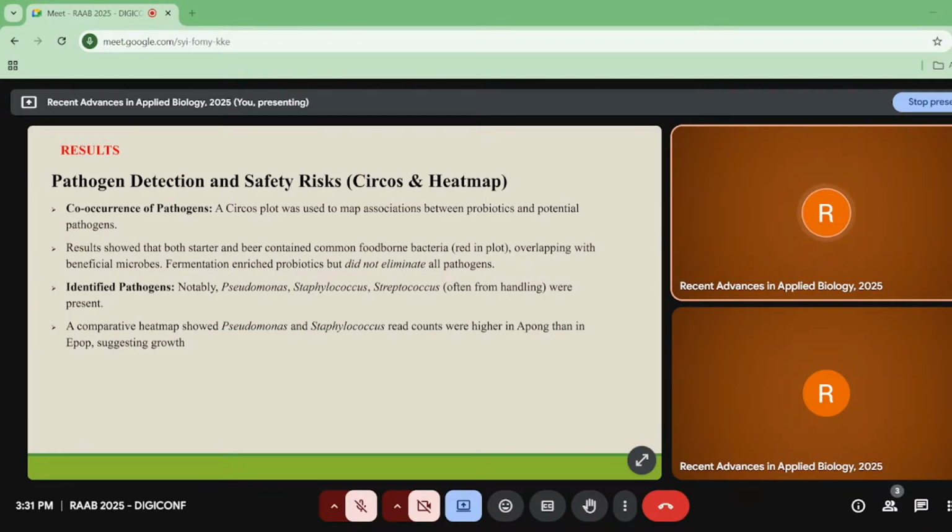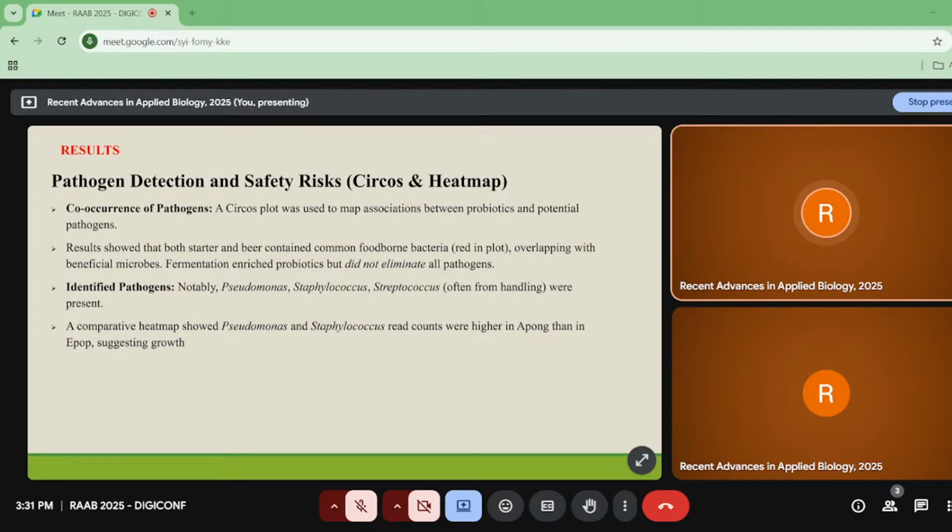Now, although this is a traditionally prepared starter cake or rice beer, there will definitely be contamination and a chance of having pathogenic strains. When we checked and classified, we saw some pathogenic strains, like Pseudomonas and Staphylococcus aureus, which we found the most.